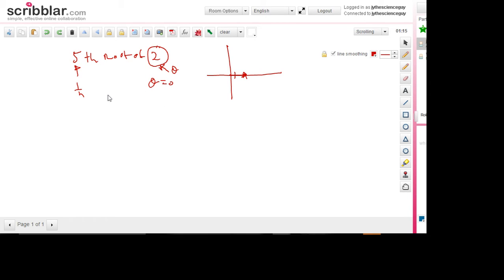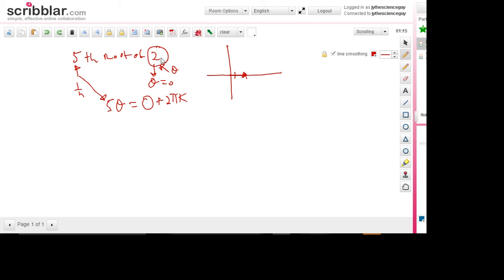So I use this equation, 5 theta, because that's my n number, is equal to my original angle, which is 0, because that came from this number, plus 2 pi k.